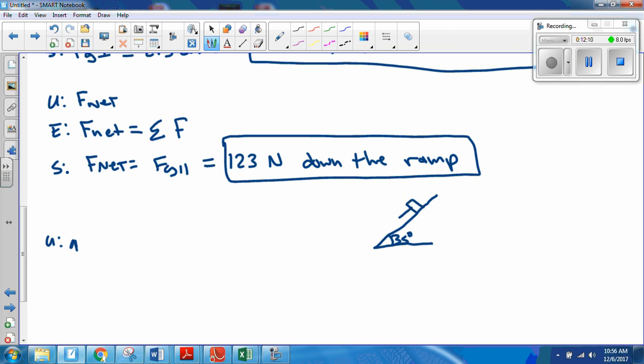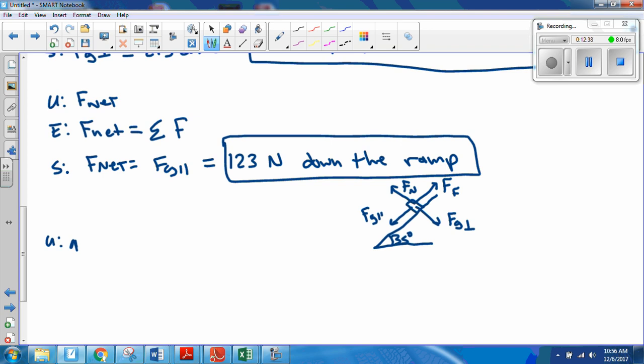We still have Fg parallel here. We still have Fg perpendicular here. We still have Fn right here. But now there's a force that is going to oppose this thing going down, and we're going to call that the force of friction.